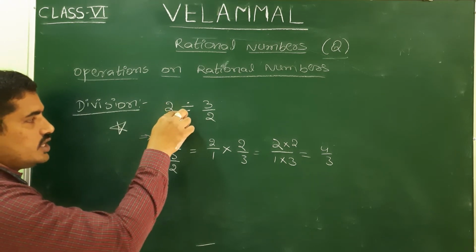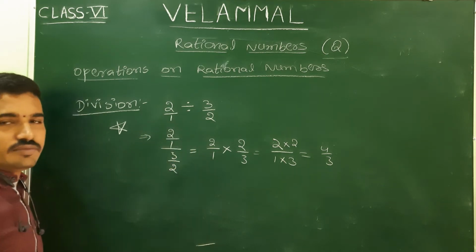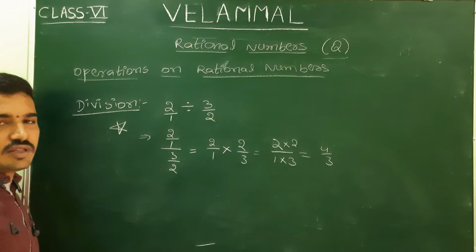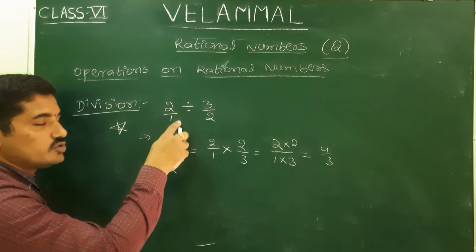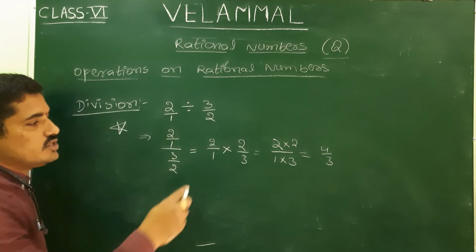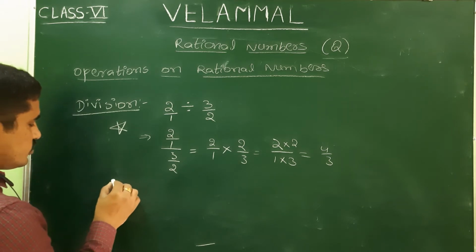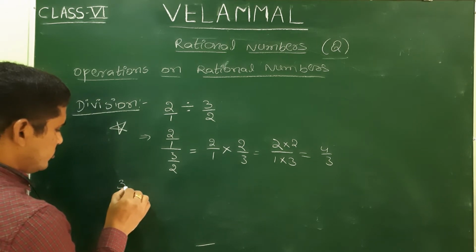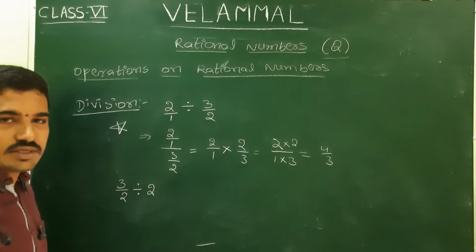If only a number, just an integer without a fraction, is given, then an integer can be written as 2 by 1. Now 2 by 1 divided by 3 by 2, so by that 4 by 3 will be the answer. In some cases the question will be to do 3 by 2 divided by 2.